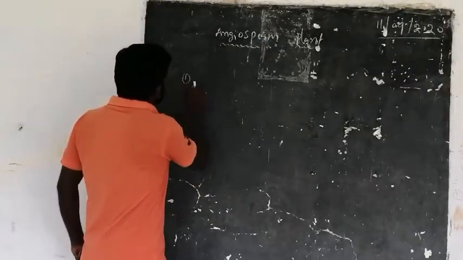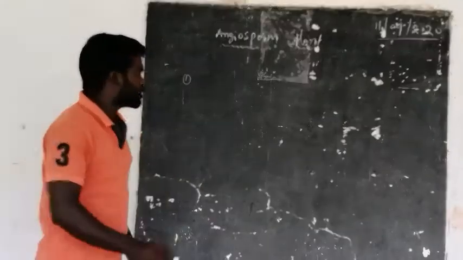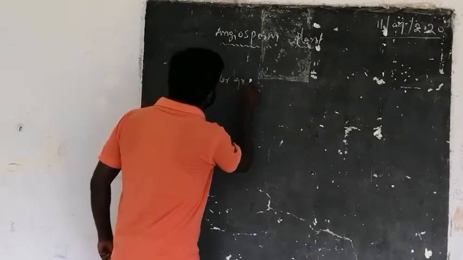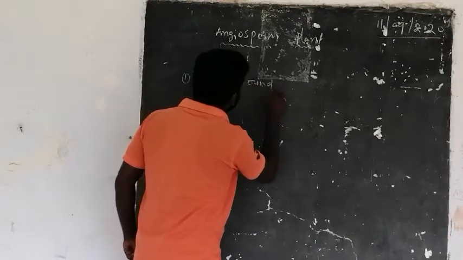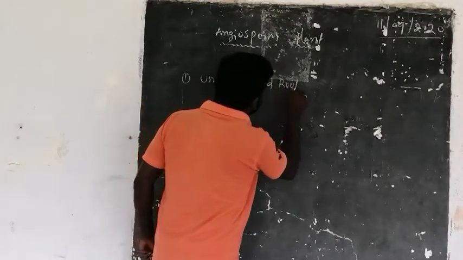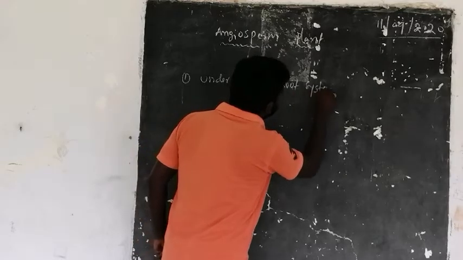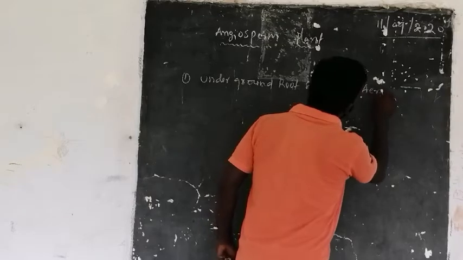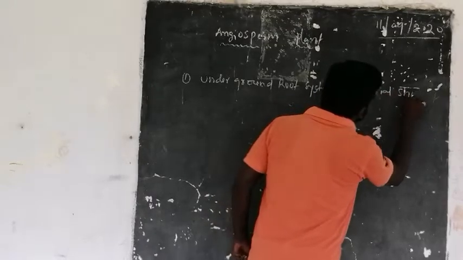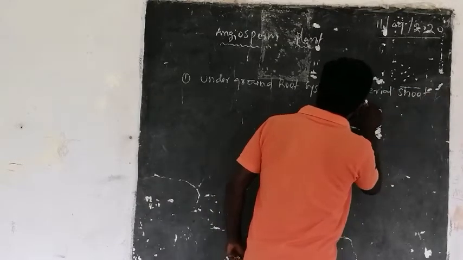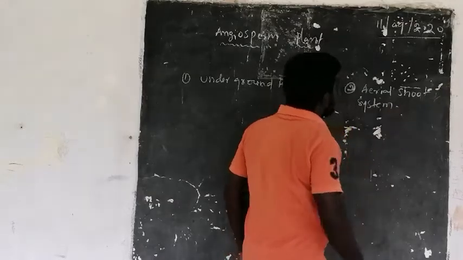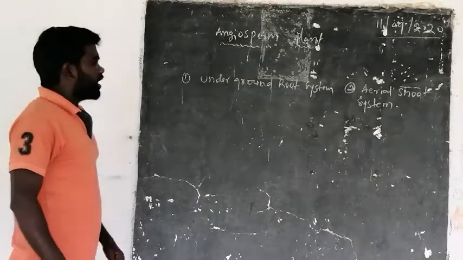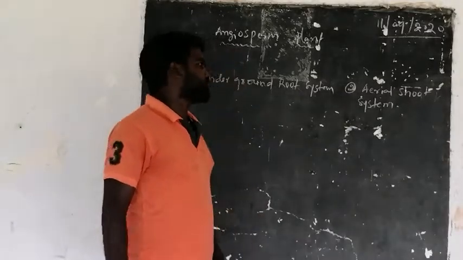One is an underground root system, and the second one is the aerial shoot system.